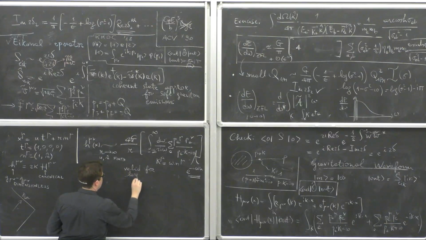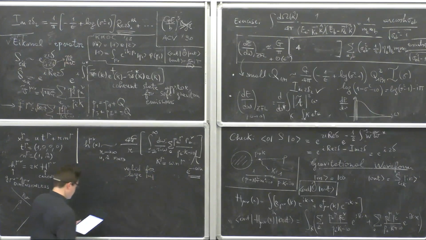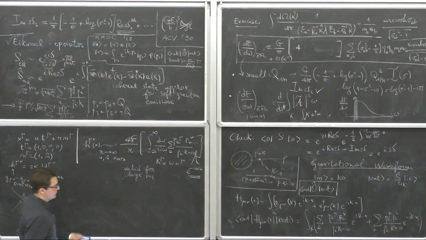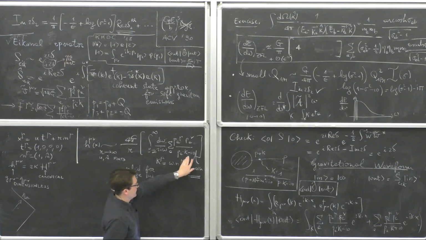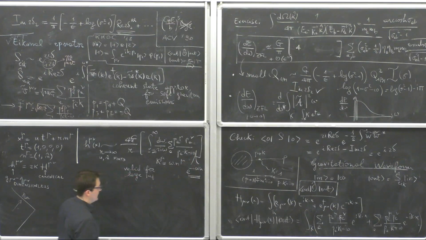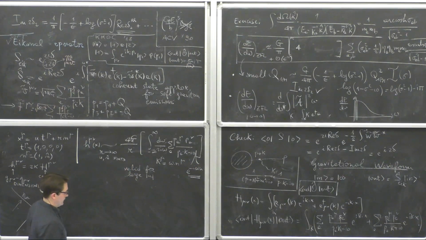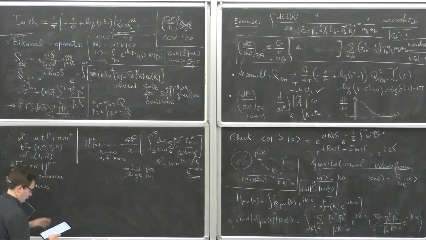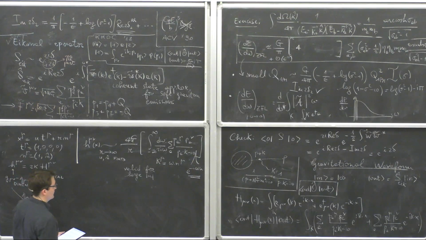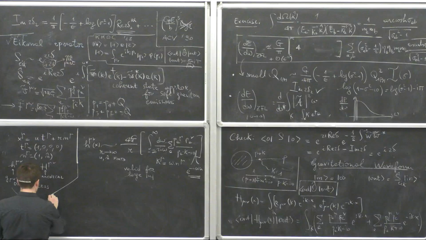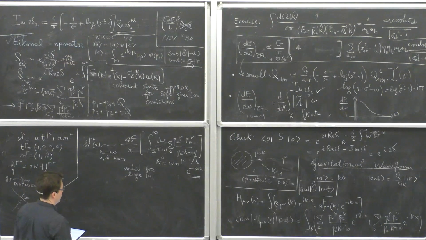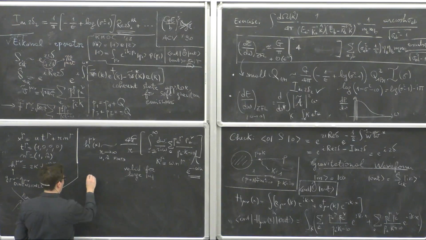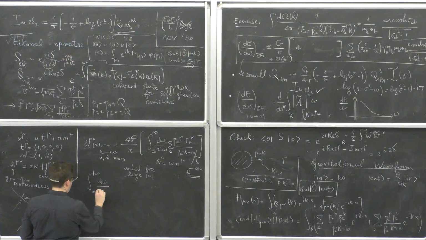So valid for large u. And then the reason why it was important to carry around this i0 or i epsilon is that we can now use it to perform the integral with respect to the frequency without too many subtleties. We only have to remember the integral representation of the theta function.